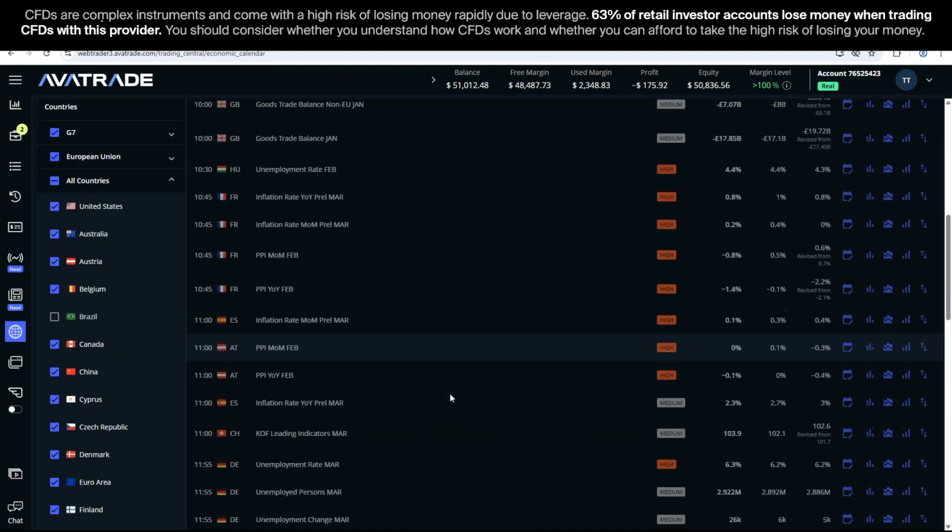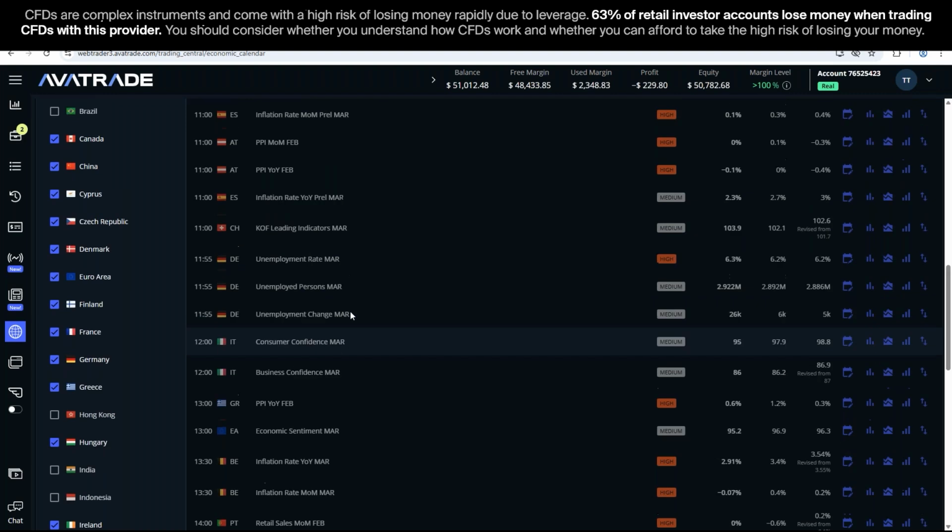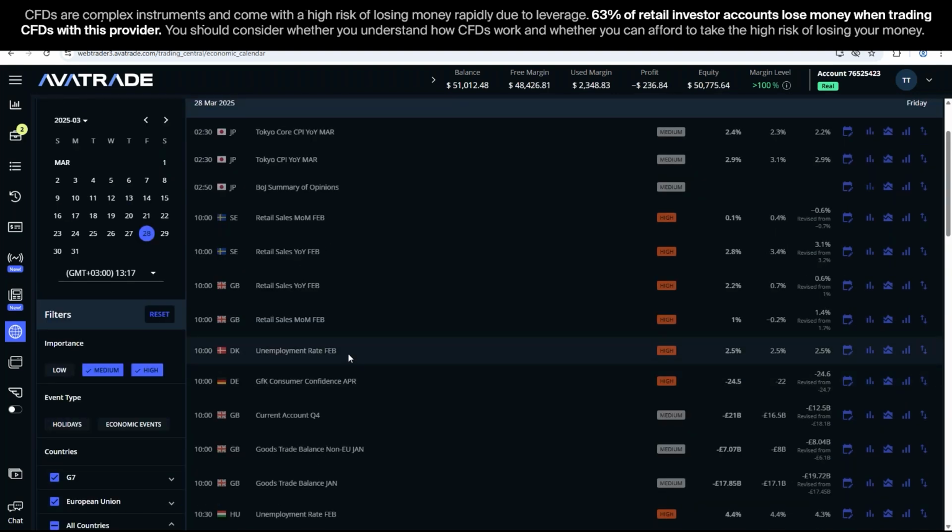So what's already come in is some mixed data out of the European Union showing higher than expected PPI and lower than expected PPI data, kind of a mixed bag there. So nothing major. In general, it looks like maybe inflation is slowing down a bit in the European Union, but unemployment rate ticked up a bit, okay, this week already.